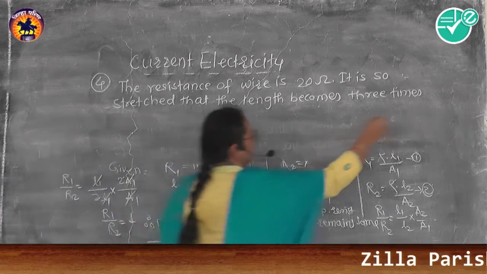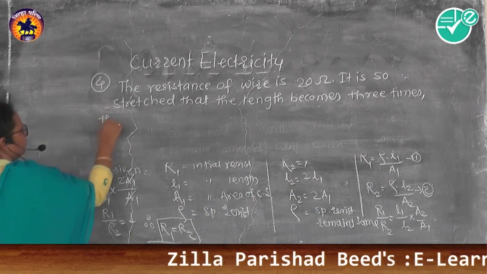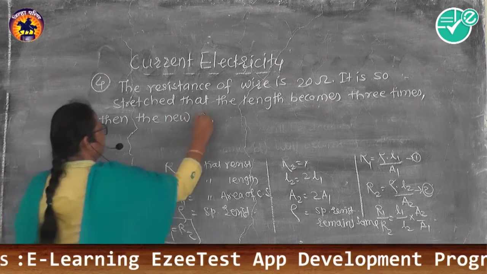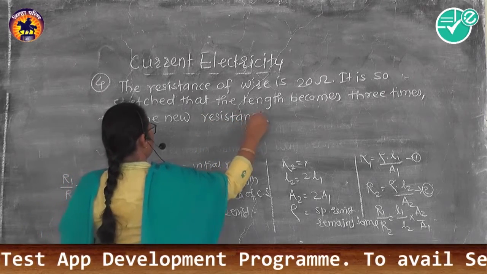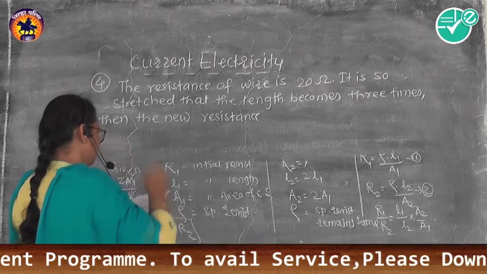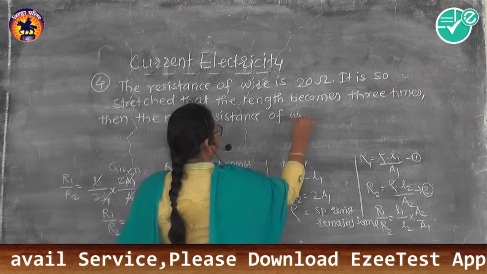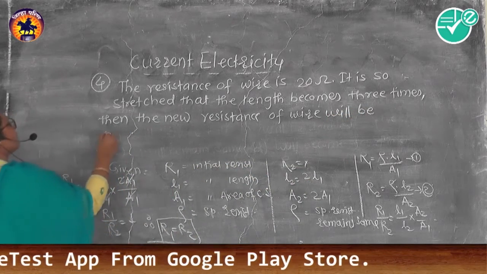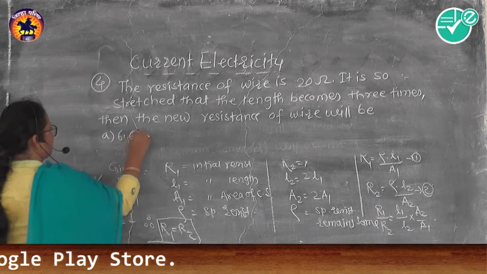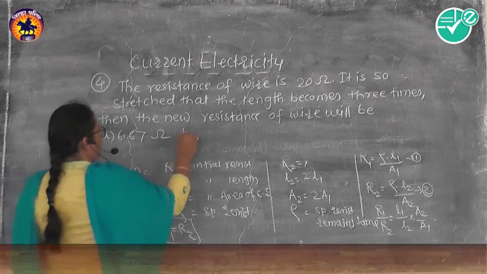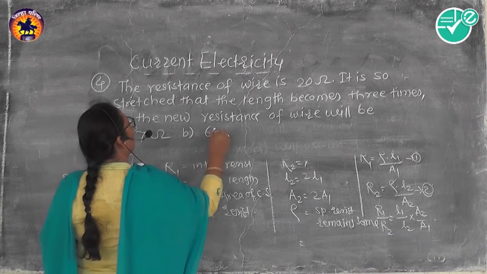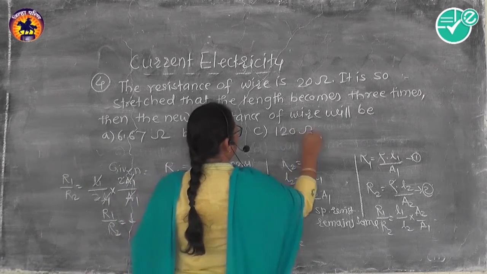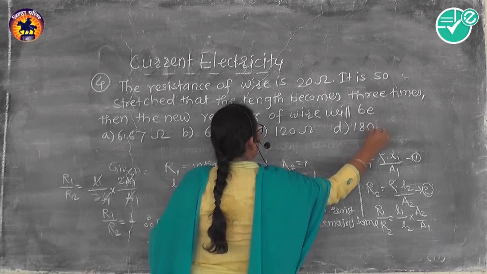Then the new resistance of wire will be: first option 6.67 ohm, second option 60 ohm, third option 120 ohm, and last option 180 ohm.